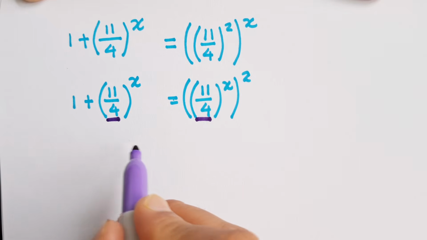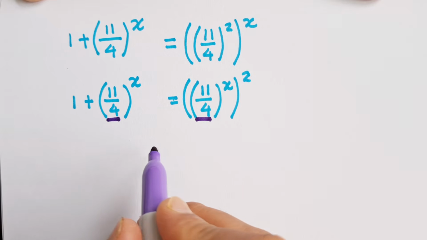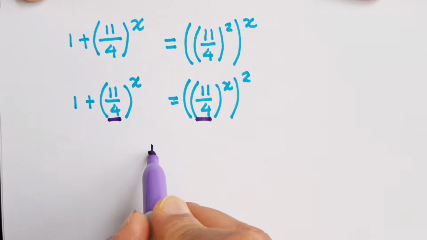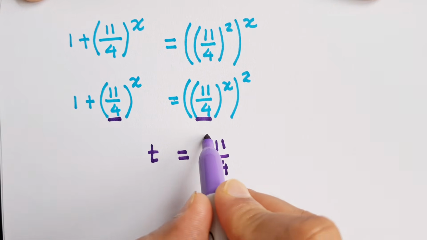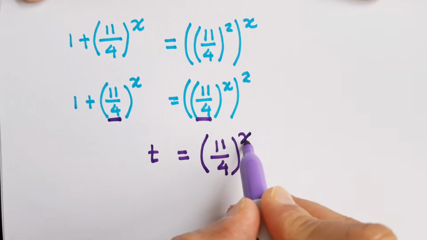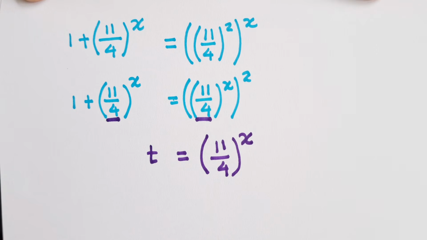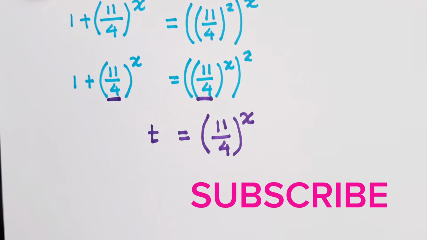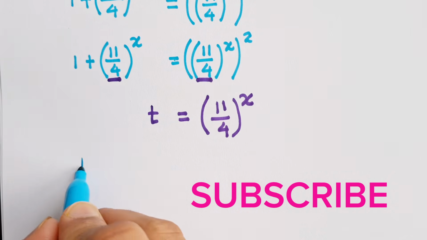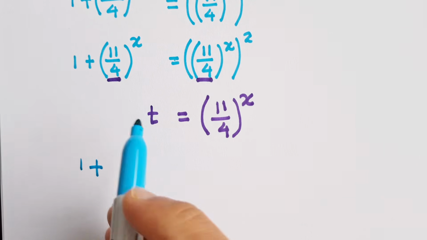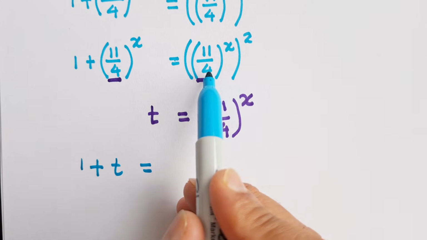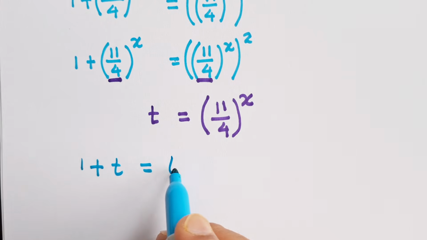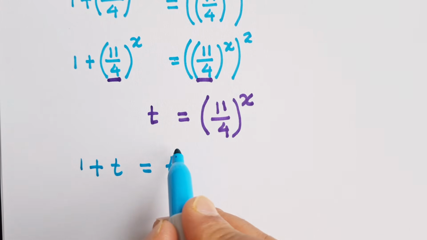So I'm going to take t is equal to 11 over 4 whole to the power of x. Then my equation becomes 1 plus t, since 11 over 4 whole to the power of x is equal to t. Here it is equal to t to the power of 2.